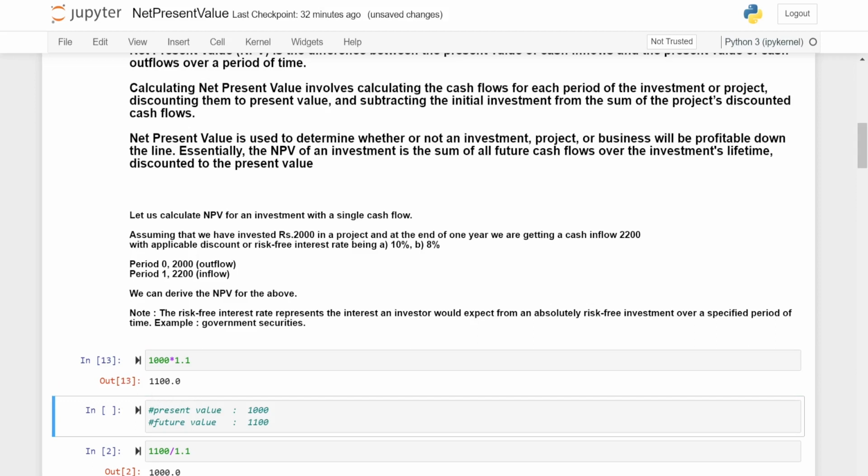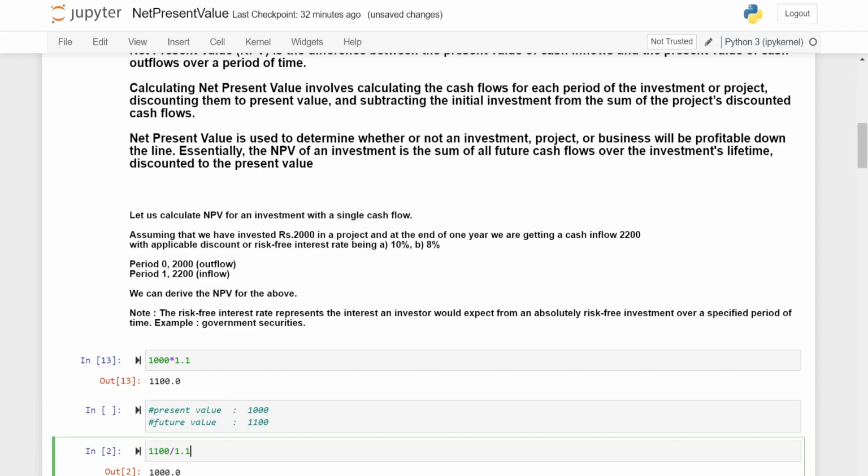Now, the present value is 1000, and the future value becomes 1100 if the interest rate happens to be 10%. So this is present value, this is future value. Exactly 1 year down the line, this 1000 is becoming 1100.